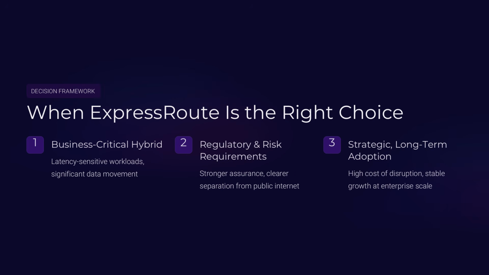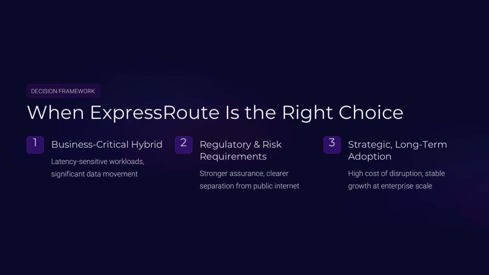With the site-to-site virtual private network fit clarified, you now define when ExpressRoute is typically justified. ExpressRoute is usually the right choice when hybrid connectivity is business critical, when workloads are latency sensitive, when data movement is significant, and when you need predictability for enterprise operations.